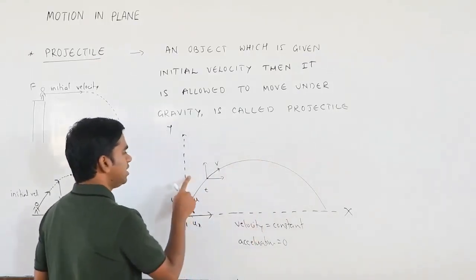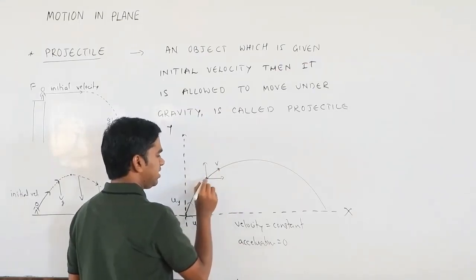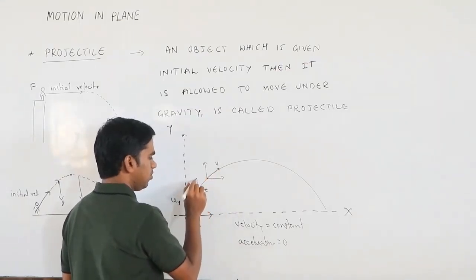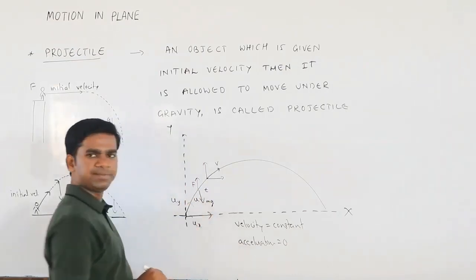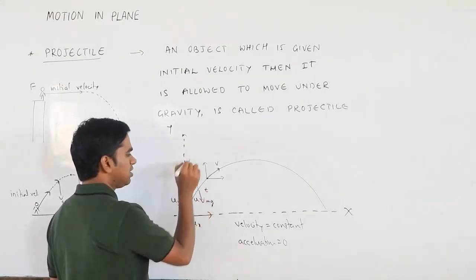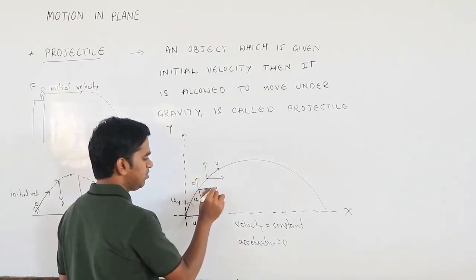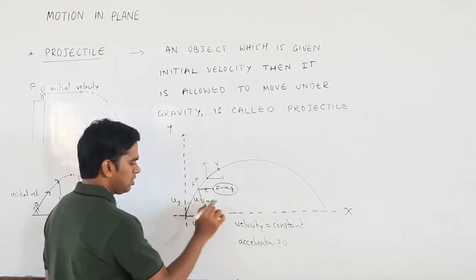Here, if you consider the vertical, suppose some force F is acting in this direction. In the downward direction also some mg force is acting. So the resultant will become F minus mg. Along the vertical it is F minus mg.